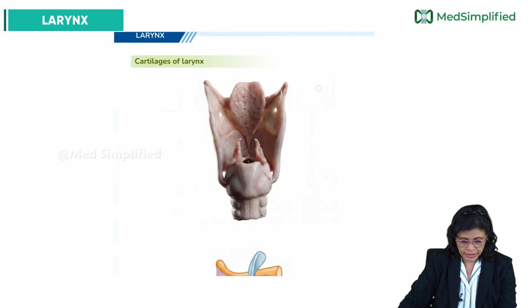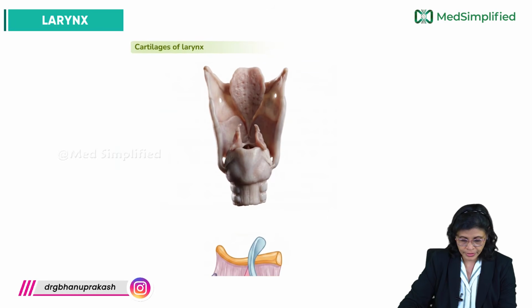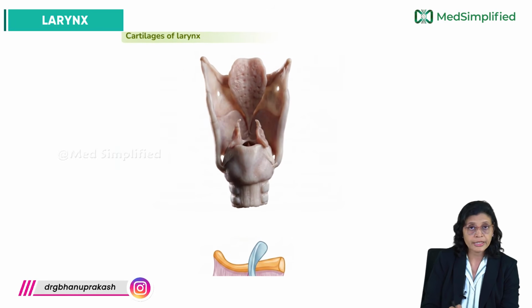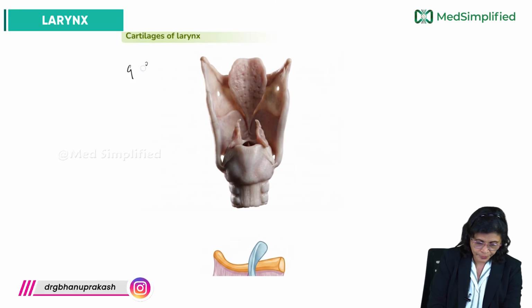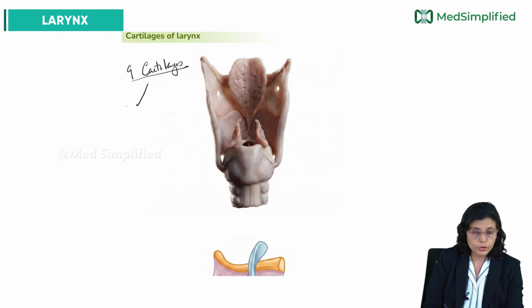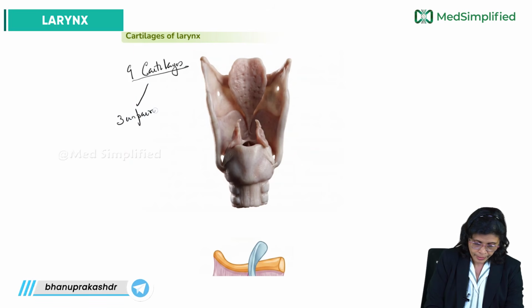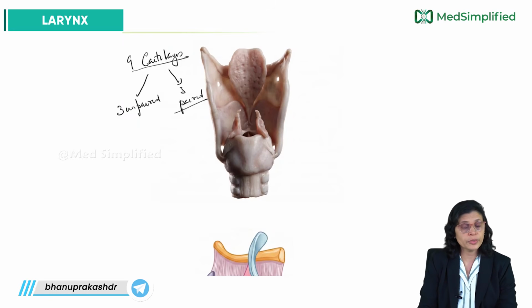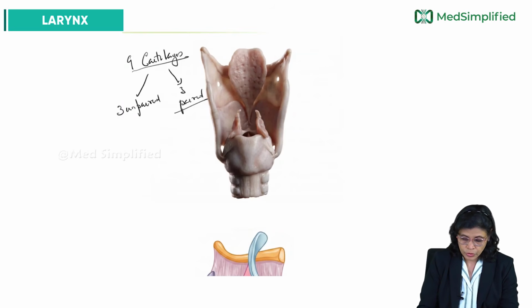When we come to the cartilages of the larynx, the larynx has 9 cartilages, of which 3 are unpaired and 3 are paired. You have to know which are the paired and which are the unpaired, because that is one of the common MCQs asked.